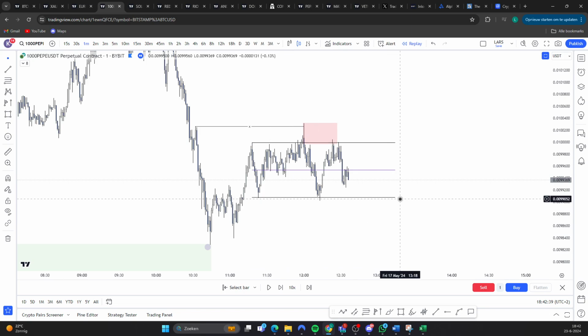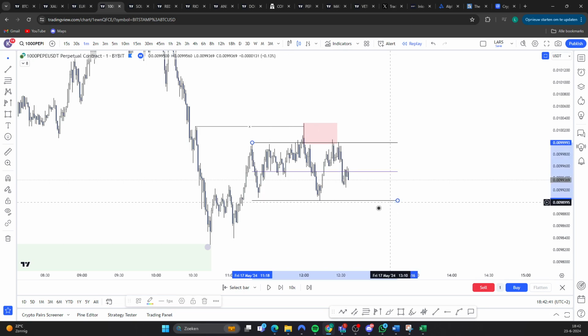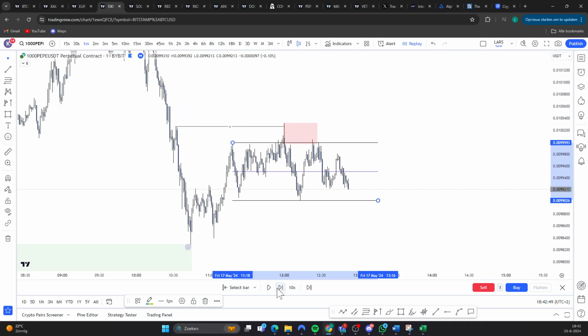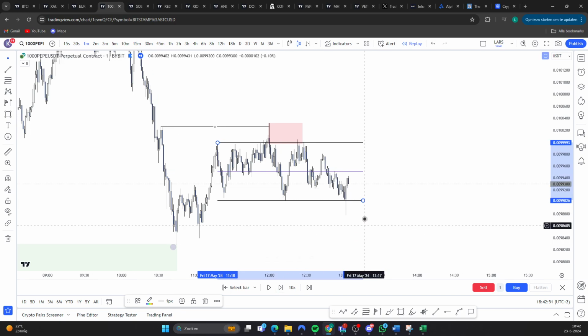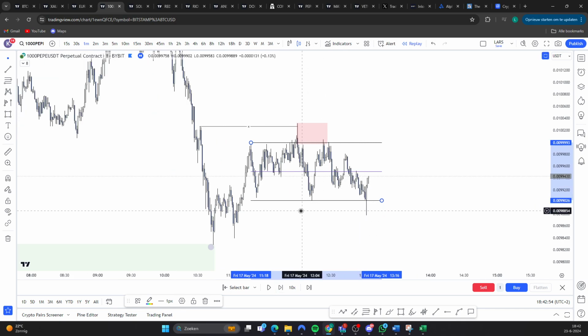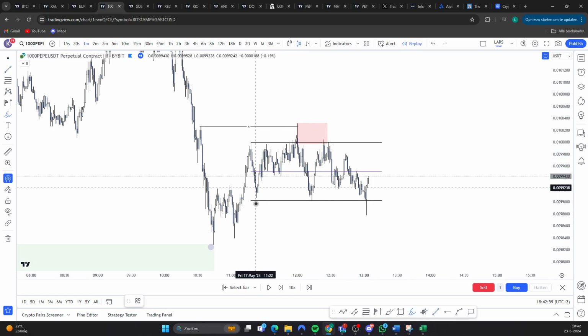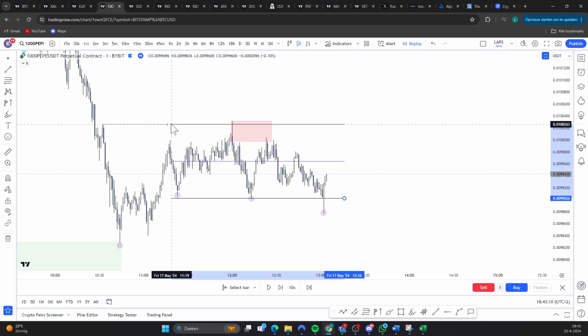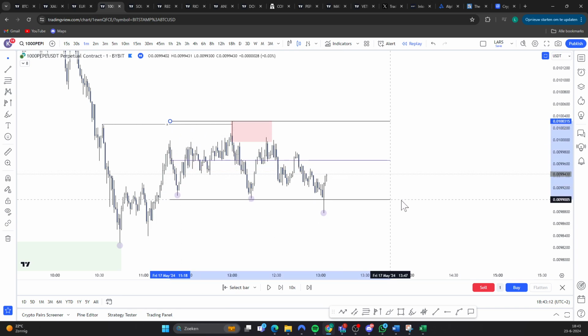Not really a confirmation, and we did take the low, so it could turn into an accumulation. Now I'm getting curious because we have a 1, we have a 2, we have a 3. Like I said, reaccumulation. We don't really have any more resistance.